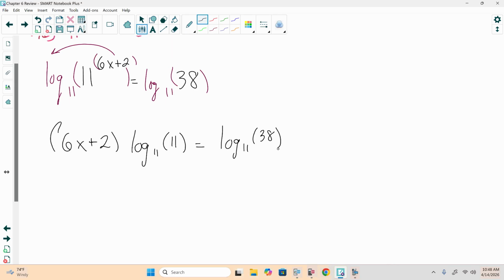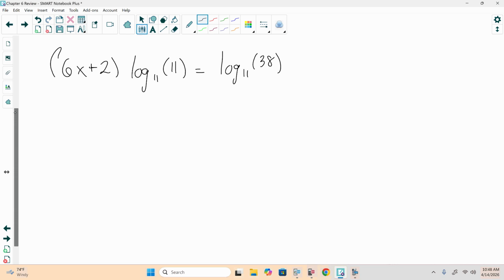Questions on this so far? Now, log base 11 of 11, just like log base 7 of 7, is going to simplify to 1. So we have 6x plus 2 times 1, which is just 6x plus 2.